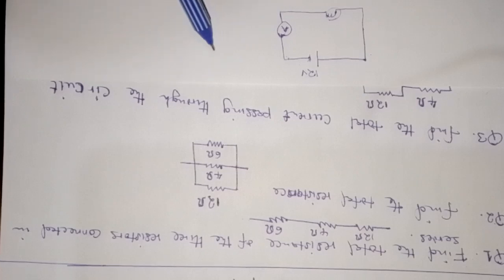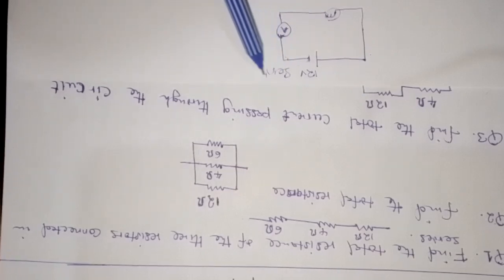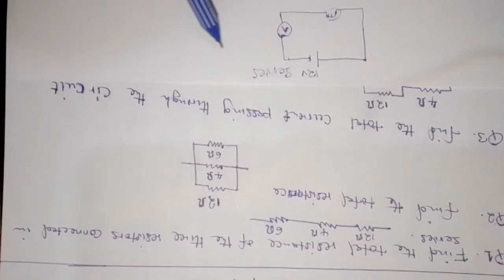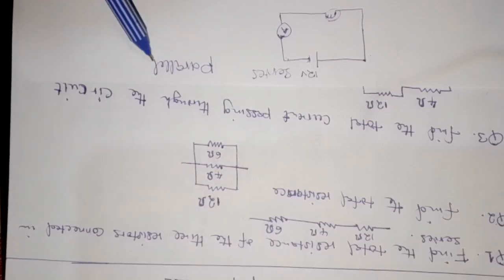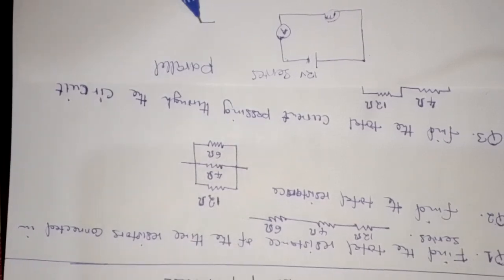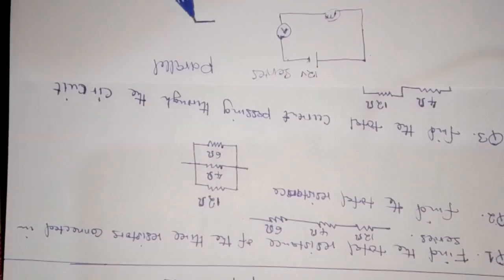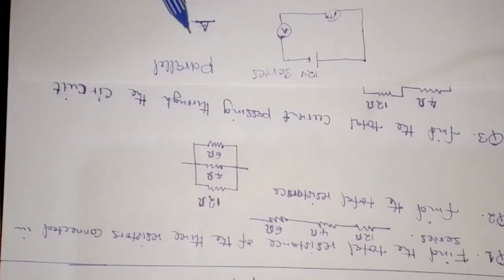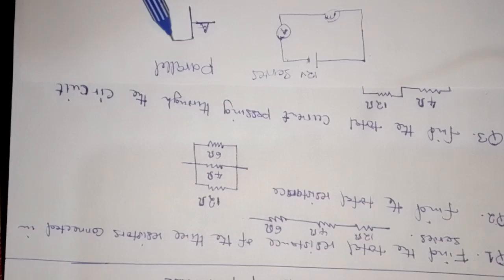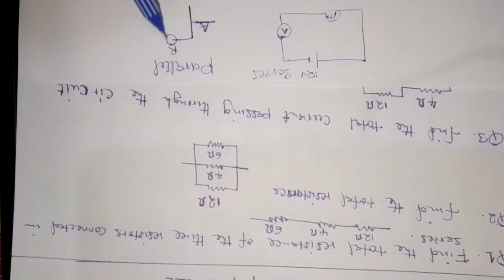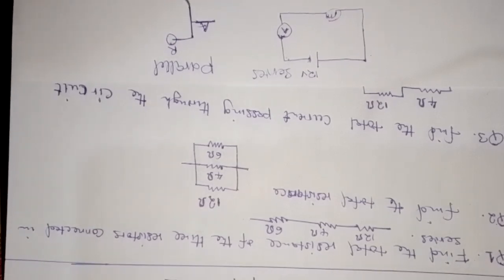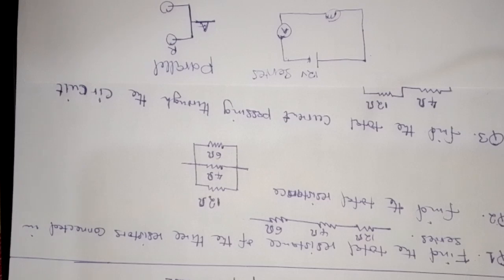But the one in parallel, this is series, but the one in parallel looks like this. For example, maybe we have current here, then you find that there is another resistance there, say R, and there maybe another resistance.